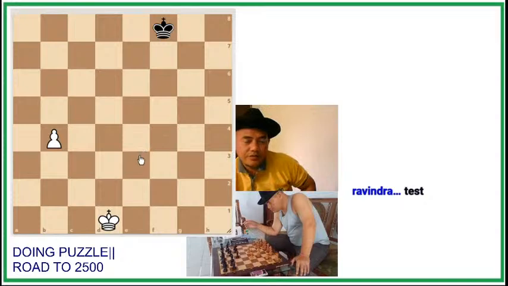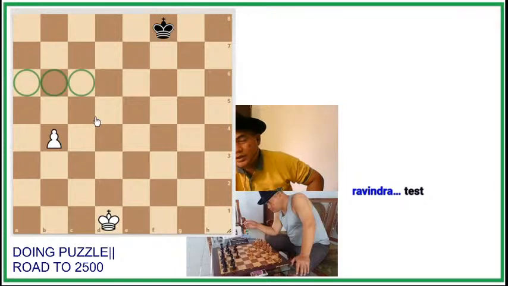As we have learned before, the key square when the pawn is on the fourth rank is here on the sixth rank, but we have to determine which square we have to occupy to win. Because if we make a wrong move in this position, then it will lead to a draw.